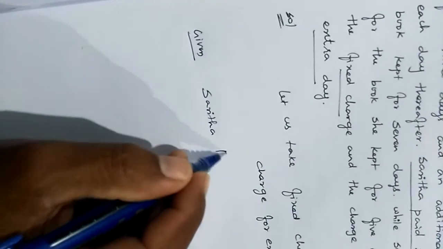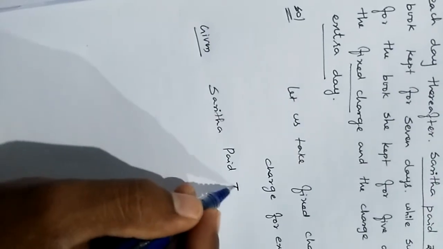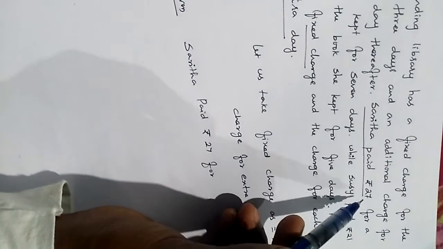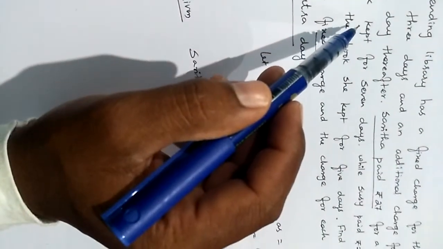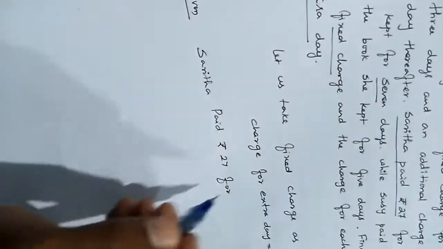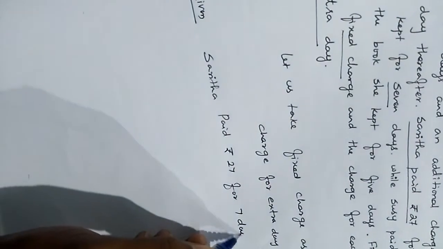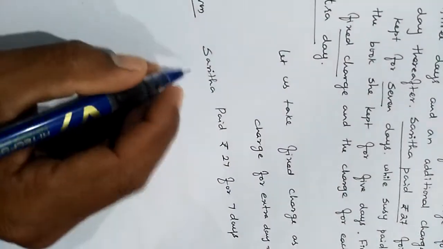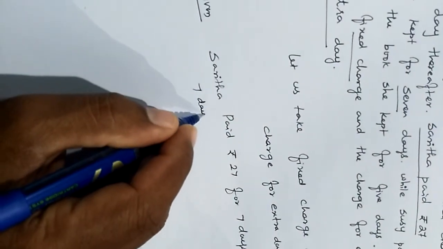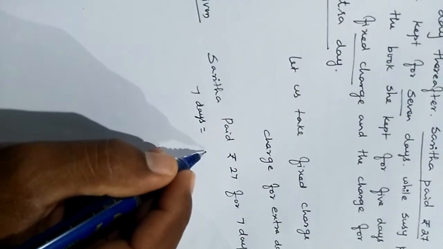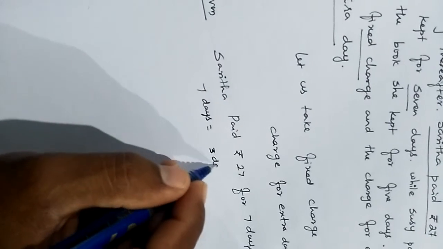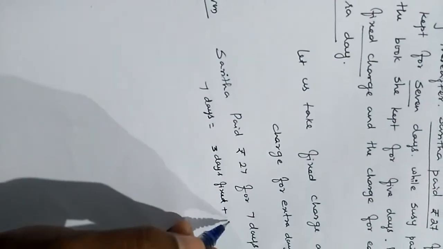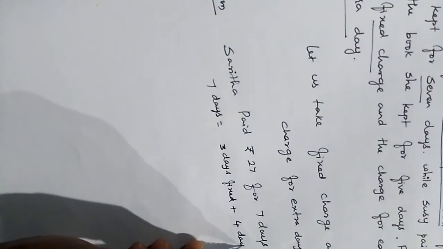Sarita paid rupees 27. For how many days? For a book kept for 7 days. For 7 days she paid rupees 27. 7 days means 3 days is fixed, plus the remaining 4 days only extra.